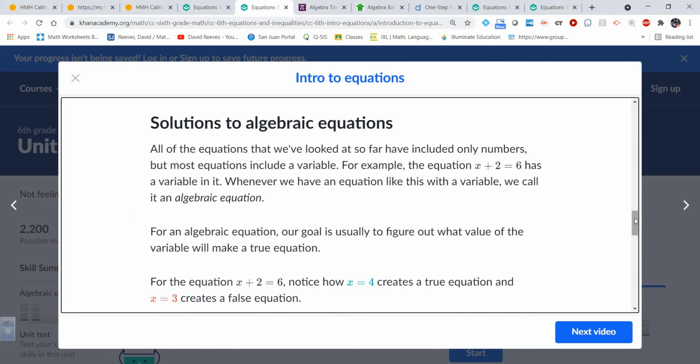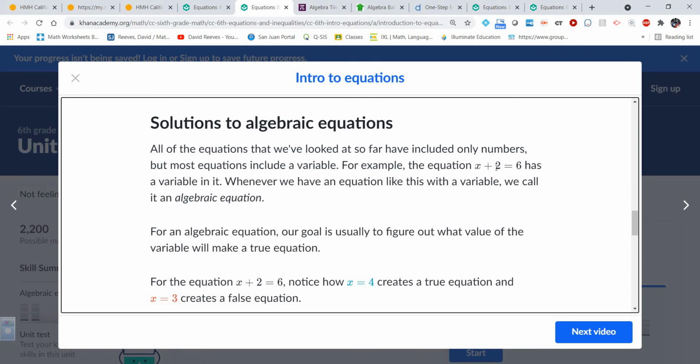All right, we are cruising. Now, we've been looking at numerical equations, which meant we had only numbers and operations. But remember, we have been working with algebraic expressions. Do you remember an algebraic expression had three things? It had a variable, it had an operation, and it had a constant.